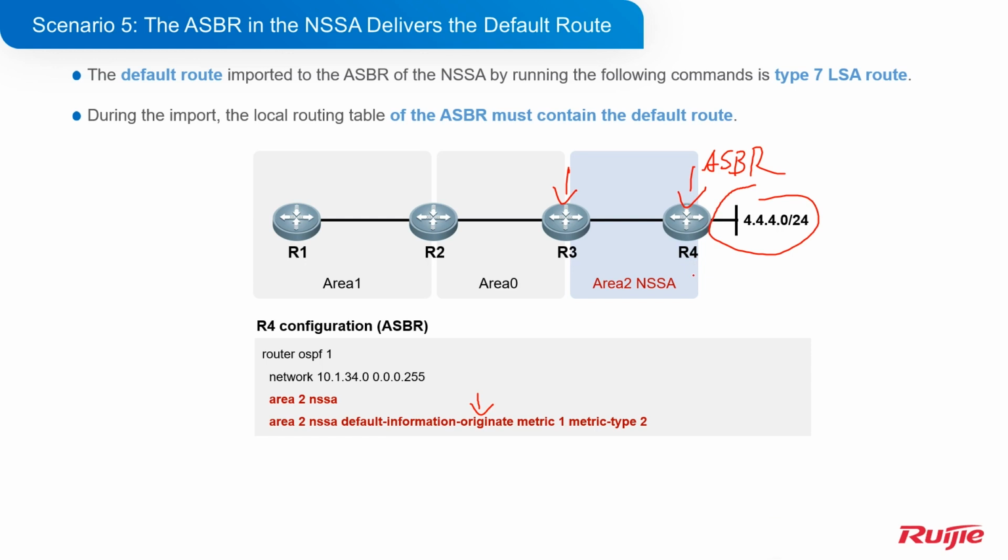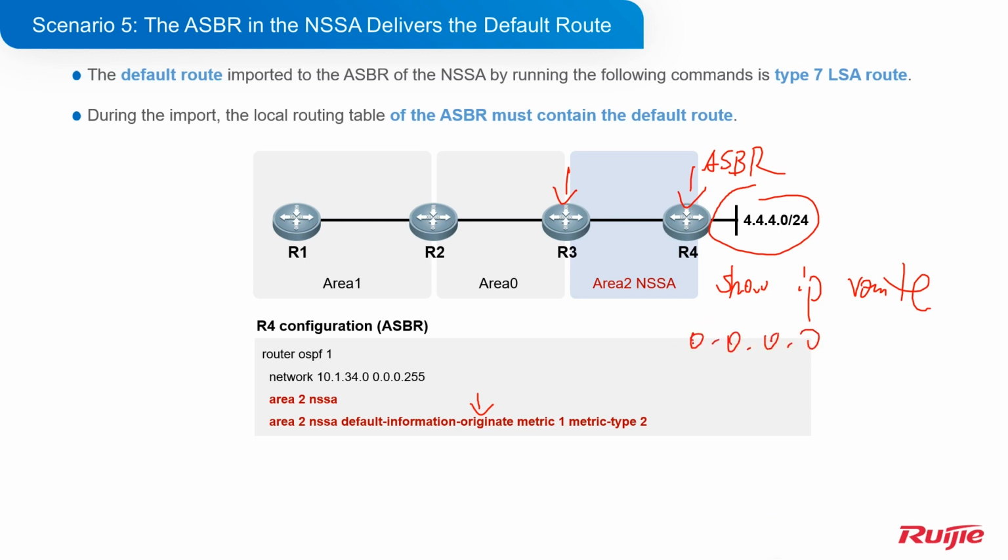But the difference between the two scenarios is, if we use this command on the R4 device, we have to make sure R4 already contains the default route. It means if we run show ip route, we have to find the 0.0.0.0 routing entry in the routing table.